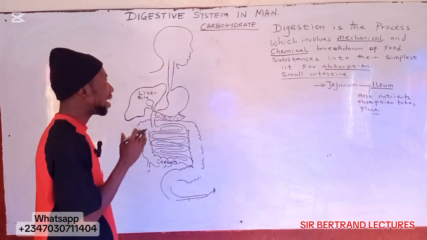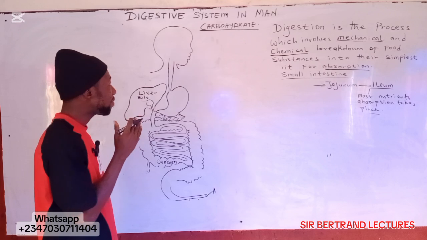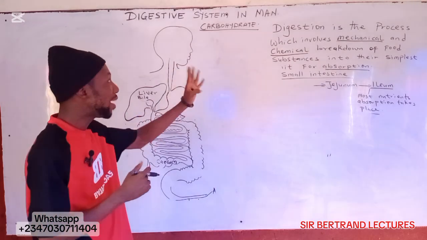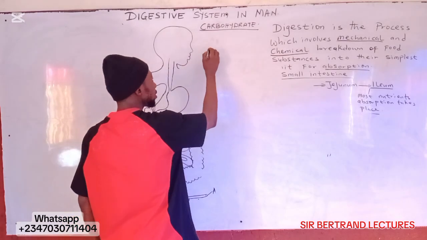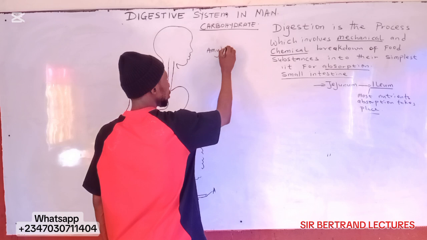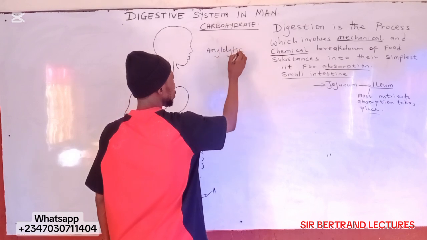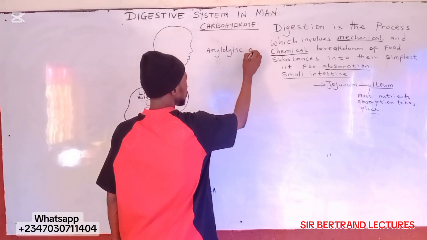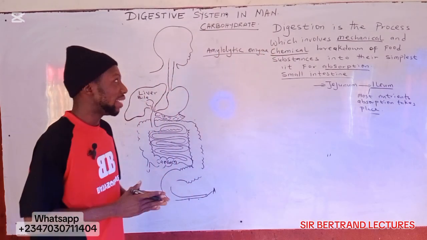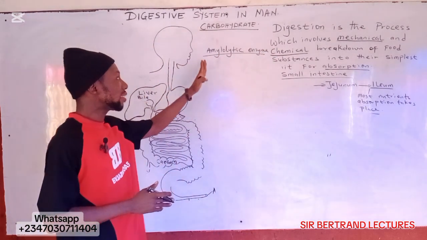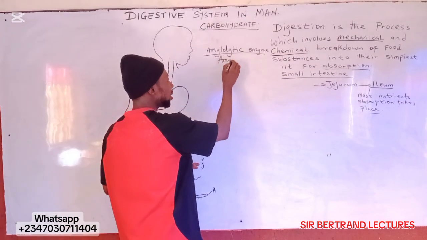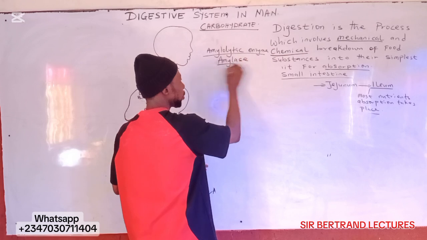And the enzyme produced in the salivary gland, which is responsible for digestion of carbohydrates, is known as amylolytic enzymes. And these amylolytic enzymes are popularly known as amylase.